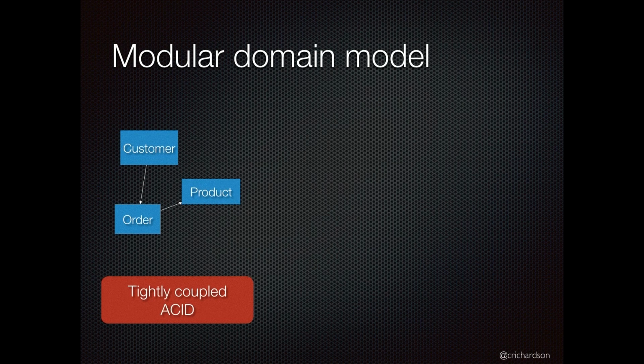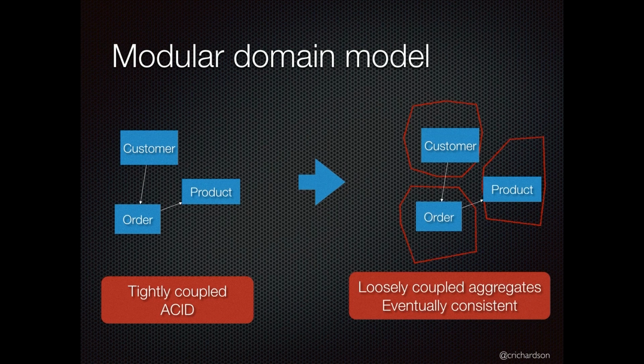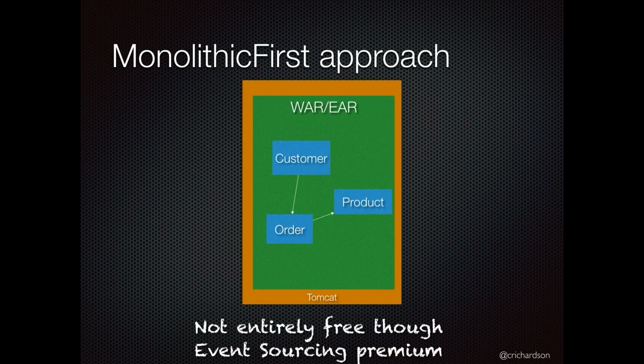Whereas, on the other hand, if you look at a domain model that's built using event sourcing, it consists of a set of loosely coupled aggregates that do not rely on ACID transactions and instead leverage an eventually consistent transaction model. So what that lets you do is package up all of your aggregates inside a monolithic application.